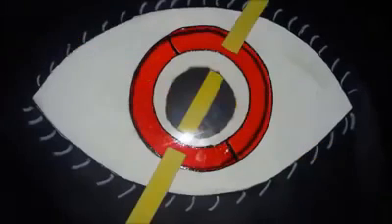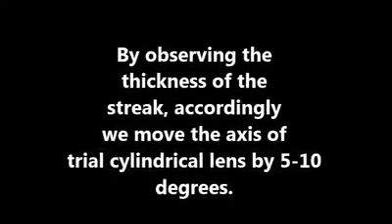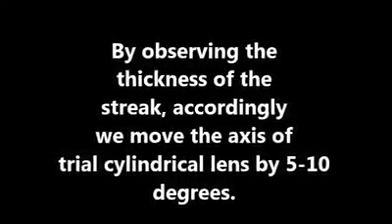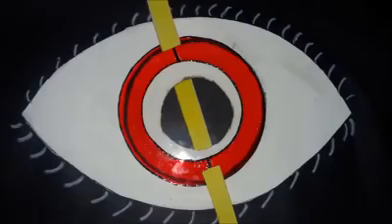If the streak is thick on one side and thin on the other, then we move the cylindrical axis of the trial lens towards the thinner side by 5 to 10 degrees and repeat the procedure until we achieve the same thickness and brightness on both sides, as equal thickness and brightness will give us the correct axis.